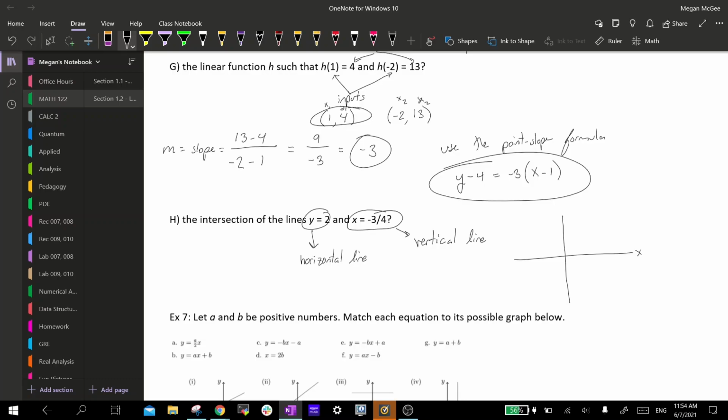If this is x and y, we have y is equal to 2, and x is negative 3/4, and that is a vertical line. And this point right there is where they intersect. And it's exactly negative 3/4 and 2. That is the intersection of those two lines.